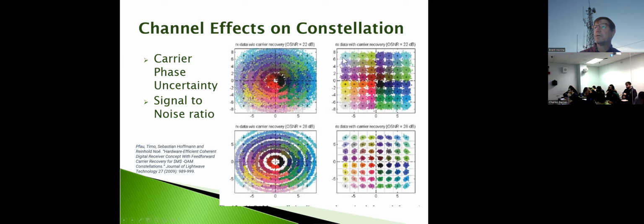Here you see that the smearing or spreading is right at the edges of the other constellation points. You can imagine if the signal-to-noise ratio gets any worse, let's say down to 20 or 18 dB, then a lot of these points will be confused. The receiver is going to confuse them with the wrong constellation point when it tries to make a decision.